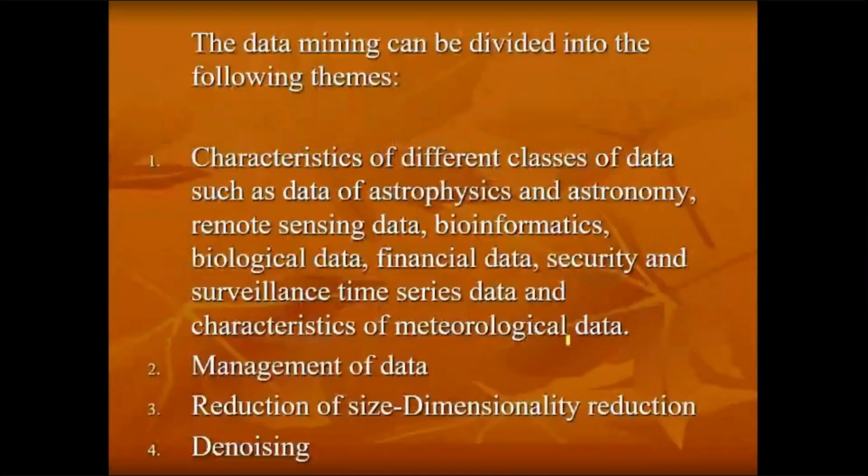How can we say the data can be divided into different, or the following, themes? The characteristics of different classes of data, such as data of astrophysics and astronomy, remote sensing data, bioinformatics, biological data, financial data, security and surveillance time series data, and characteristics of meteorological data.